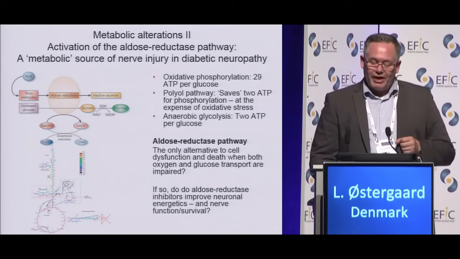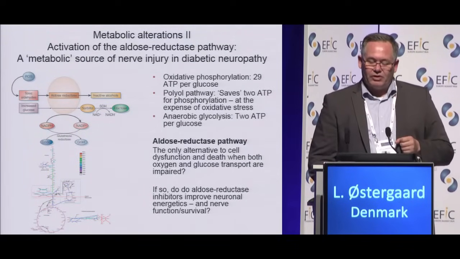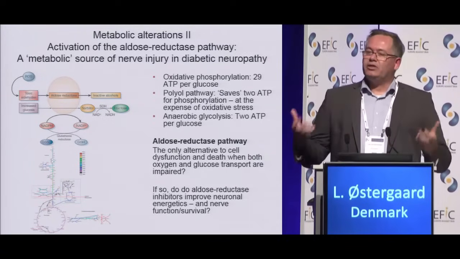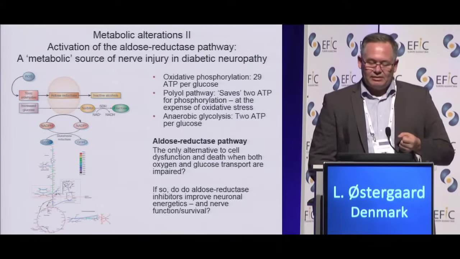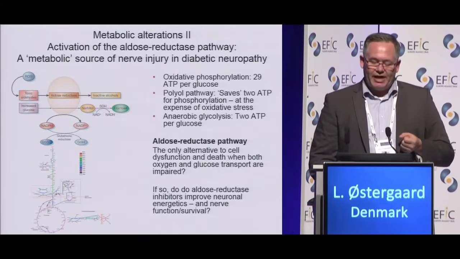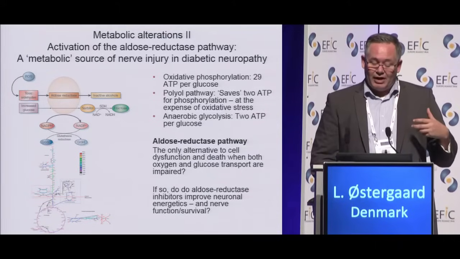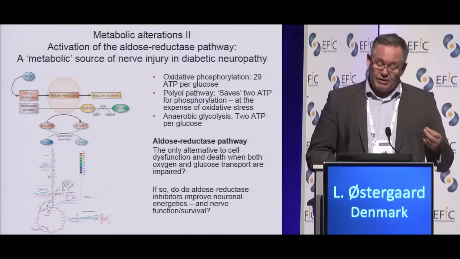And I just want to point out that if you go over how a nerve would generate enough ATP to support its function, if it has enough oxygen, it can do it very efficiently by burning glucose by oxidative phosphorylation. Otherwise, it's by the effect I showed you before. It'll have to do aerobic glycolysis, but there it only gets 2 ATP per glucose.